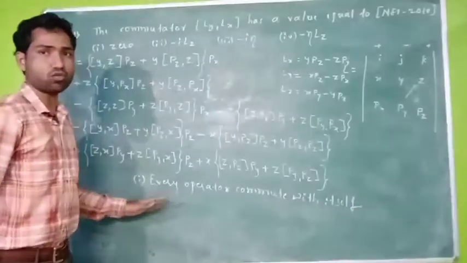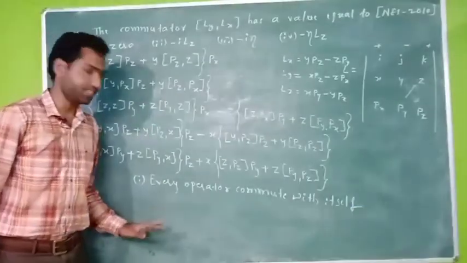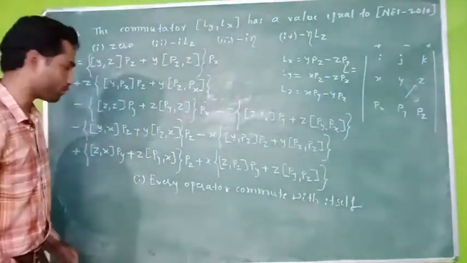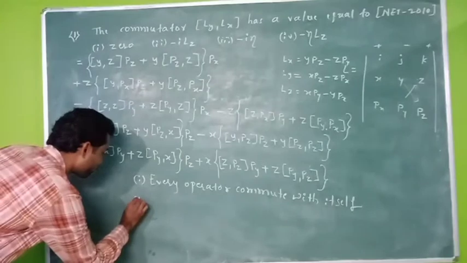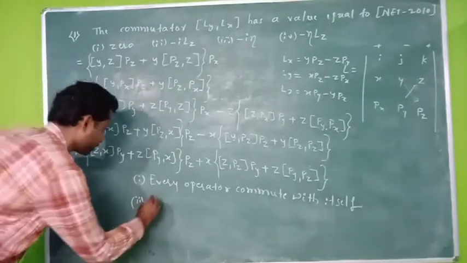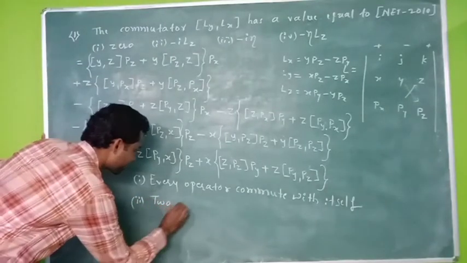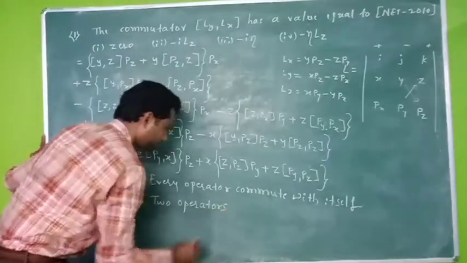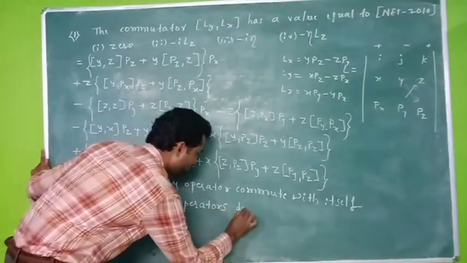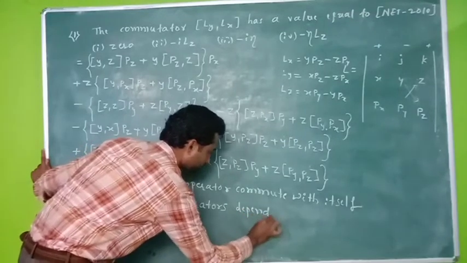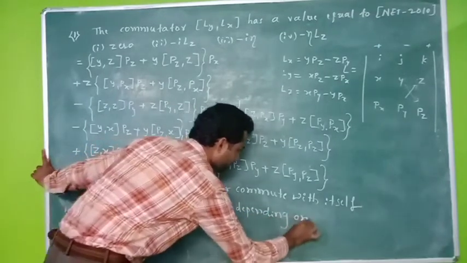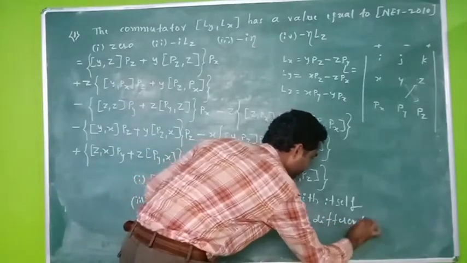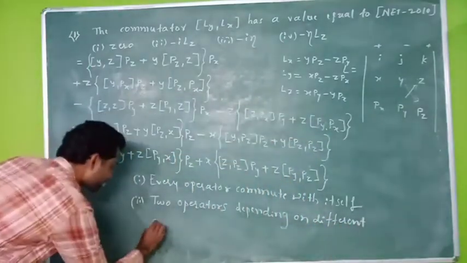This is what we have discussed already, so here every operator commutes with itself, and we have to make use of that. The second property we have to make use of is that two operators depending on different independent variables commute.